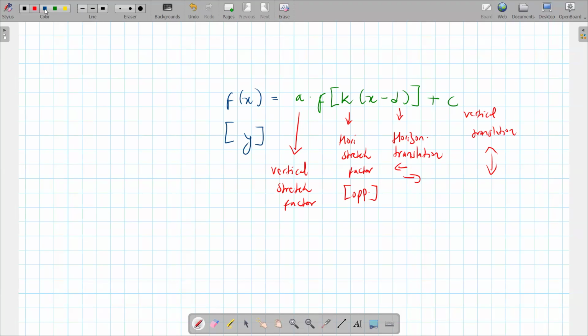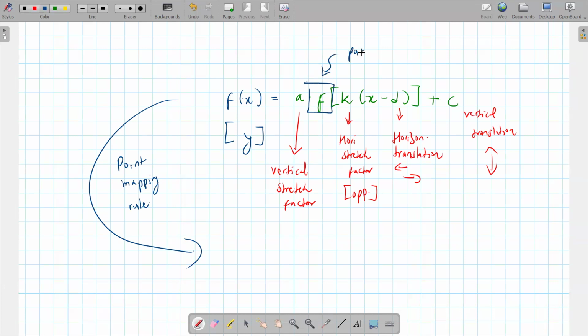So once you have this, everything is going to be in this form. What we do is we use something called the point mapping rule. You're going to have an f, which is going to be your parent function. You make a table of x, y with just the parent function, just for this f.